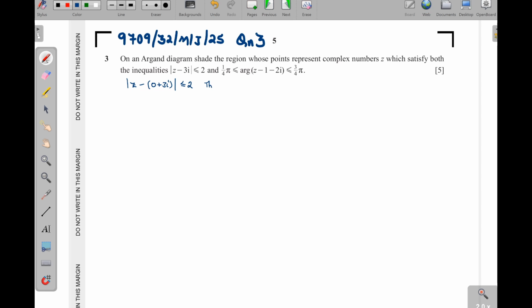So this is a circle of radius 2, okay, then center 0, 3. That is that.